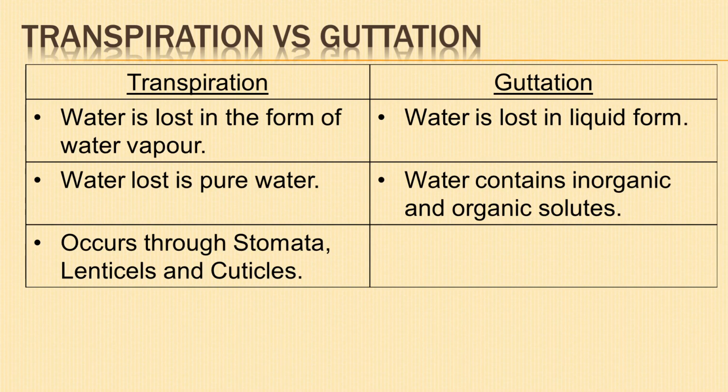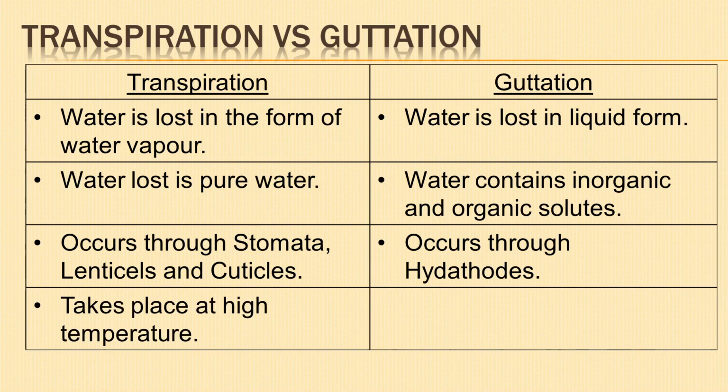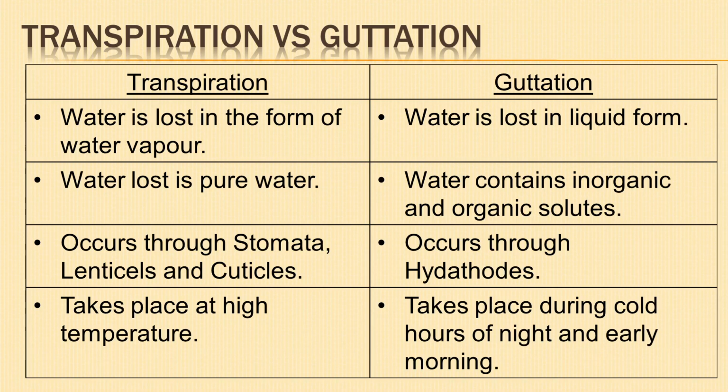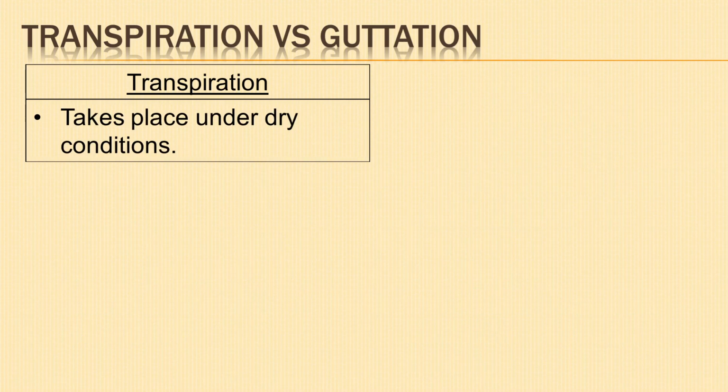Transpiration occurs through stomata, lenticels, and cuticles. Guttation occurs through hydathodes. Transpiration takes place at high temperature. Guttation takes place during cold hours of night and early morning.